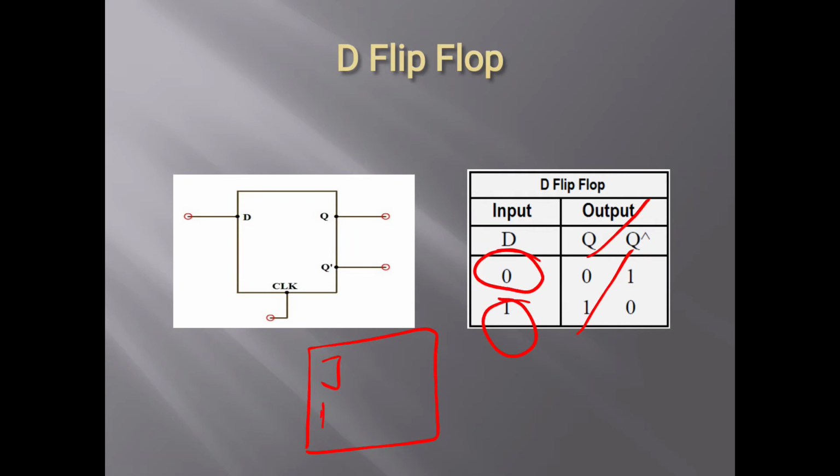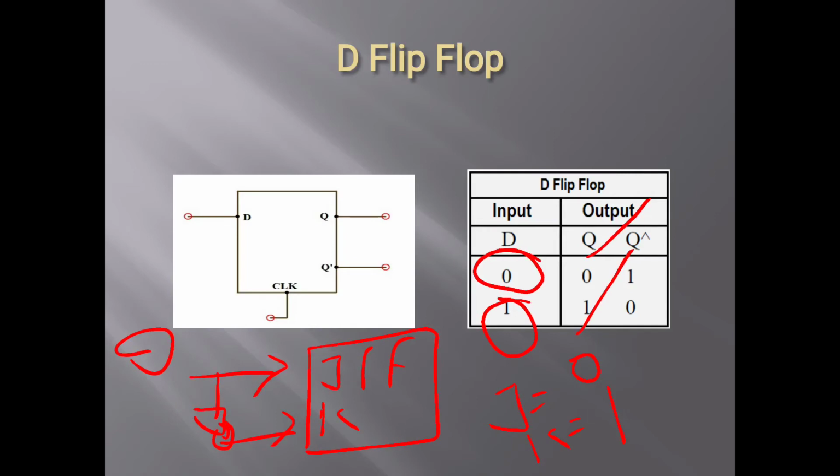In the JK flip-flop, we can give the input D with an inverter to the K input. When the value of D is 0, it means J has value 0 and K has value 1.